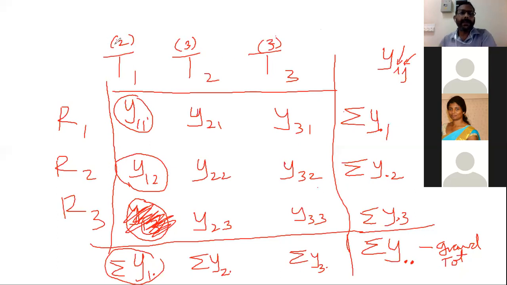So the replicates are not the same, so the divisor r will be different. In this case, we are dividing by 2. In this case, we are dividing by 3. In this case, we are dividing by 3. So that we'll have to remember always.